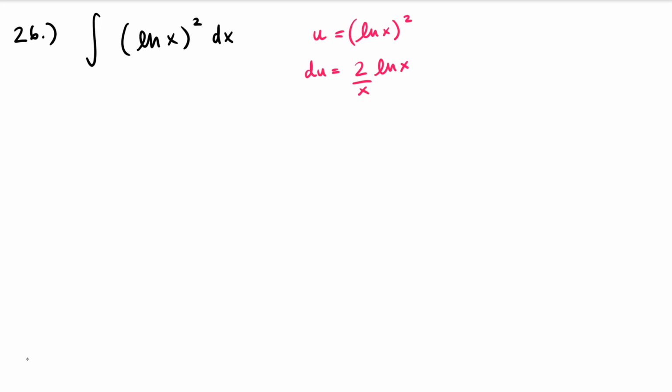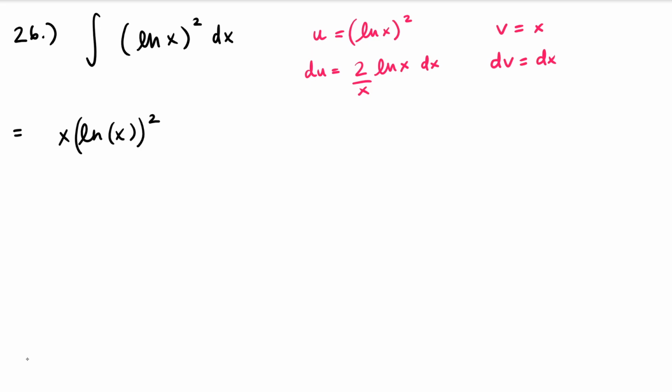So I'm going to put that 1 over x there, and then dx. Our dv value is dx, and then if we integrate, we get v equals x.